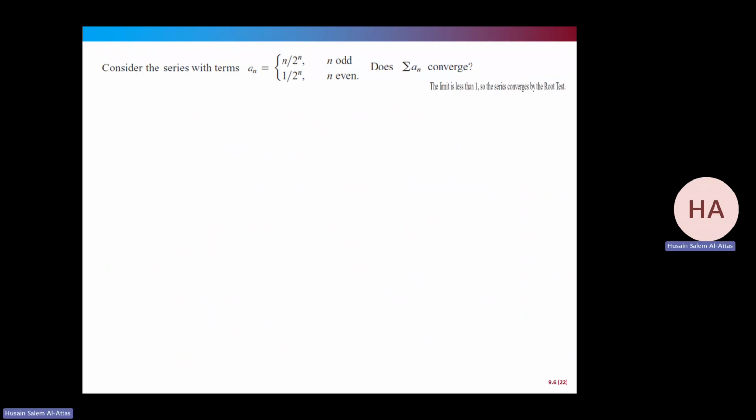Let me do this. What will be the nth root of a_n? Because I need this. Everything is positive, so I don't need to be bothered. So that will be the nth root of this, and this is the nth root of this.